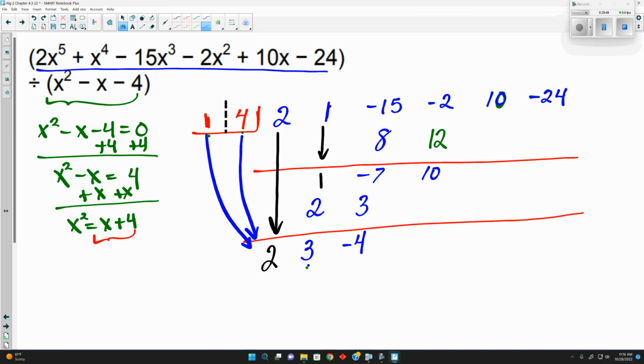We repeat the process. 1 times negative 4 is negative 4, 4 times negative 4 is negative 16. Questions on this here? Add straight down. 10 plus negative 4 is 6, 10 plus negative 16 is negative 6.